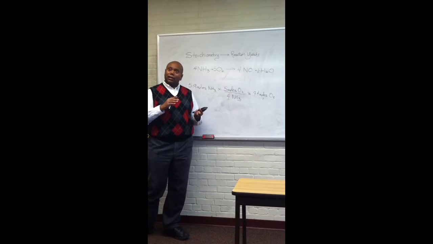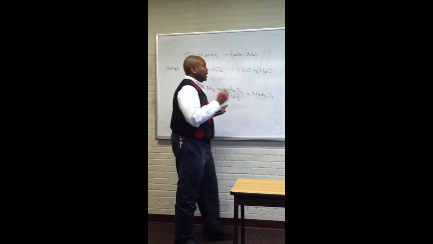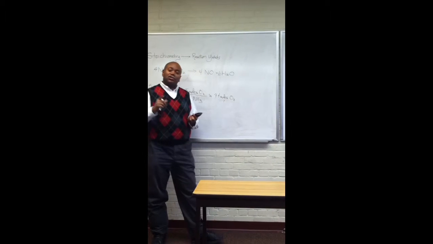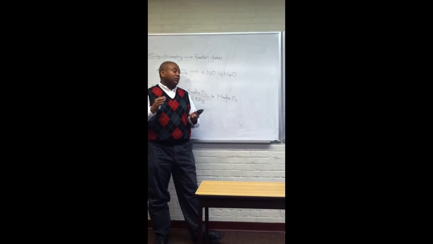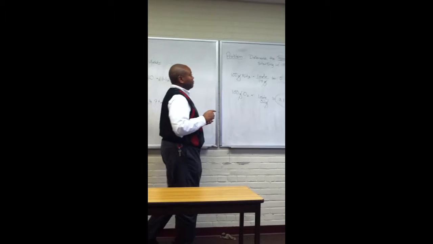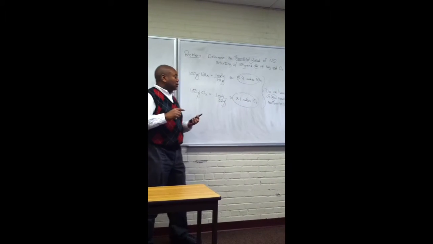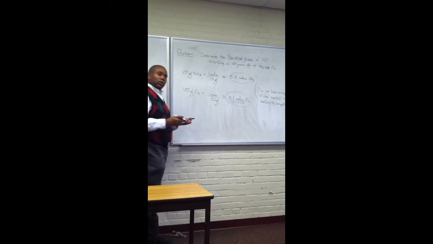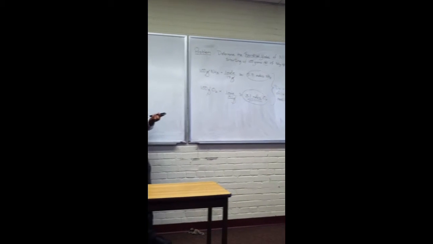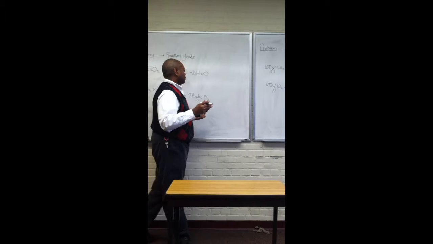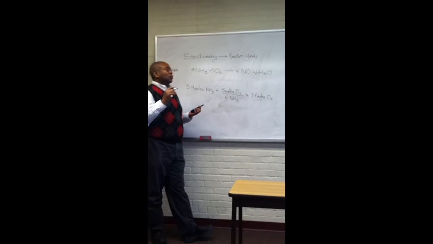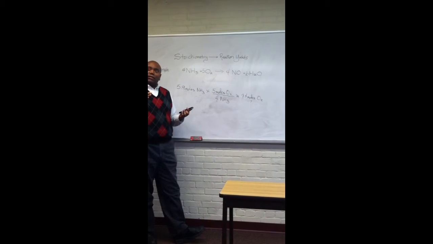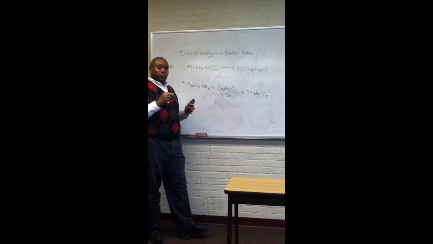Now, the question is, how many moles of molecular oxygen do I have? Well, based on the starting amount, which was 100 grams, we only have 3.1 moles of molecular oxygen. So clearly, we don't have enough oxygen to complete the reaction.